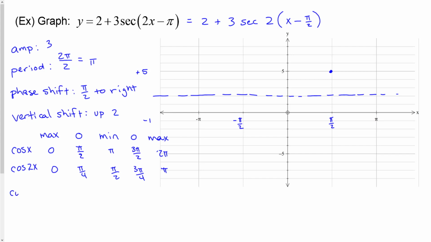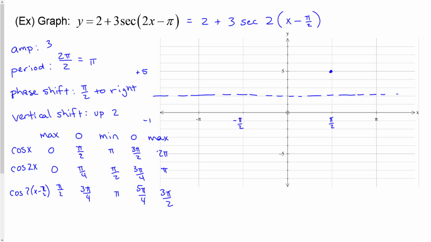Now, the phase shift. So cosine 2 times x minus pi over 2. I'm shifting everything to the right by pi over 2. So I'm just adding pi over 2 to each of these points. So pi over 2, 3 pi over 4, pi, 5 pi over 4, and 3 pi over 2.